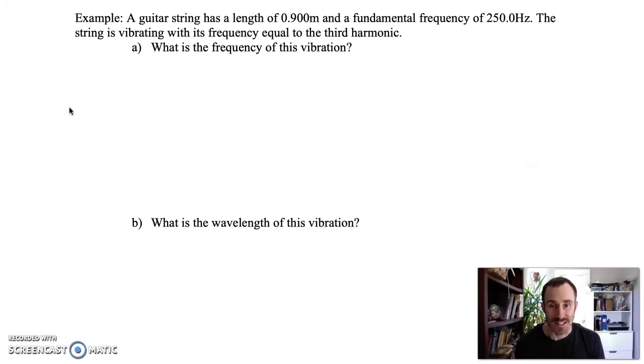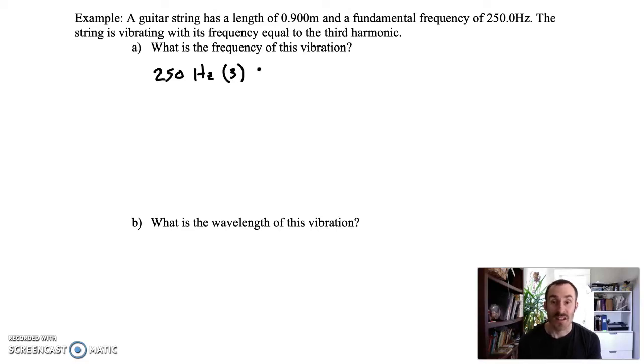And now our last example. A guitar string has a length of 0.9 meters and a fundamental frequency of 250 Hz. The string is vibrating with its frequency equal to the third harmonic. What is the frequency of this vibration? So, if the fundamental is 250 Hz, and we want the third harmonic, we're just going to multiply this by 3.